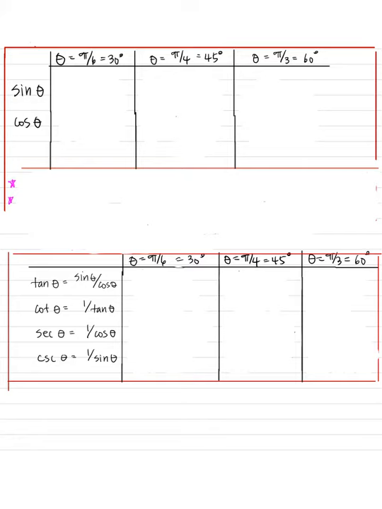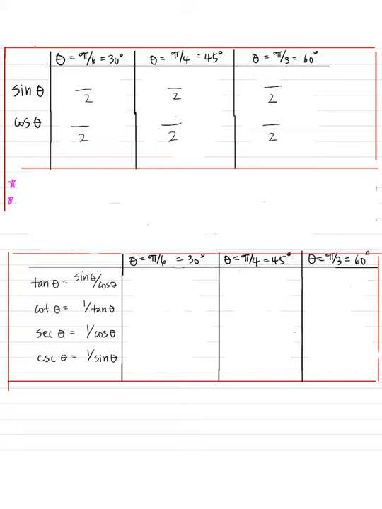All right, so what I would do is this. For the sine of theta, cosine theta, all the denominators are going to be 2. So everything's going to be over 2.